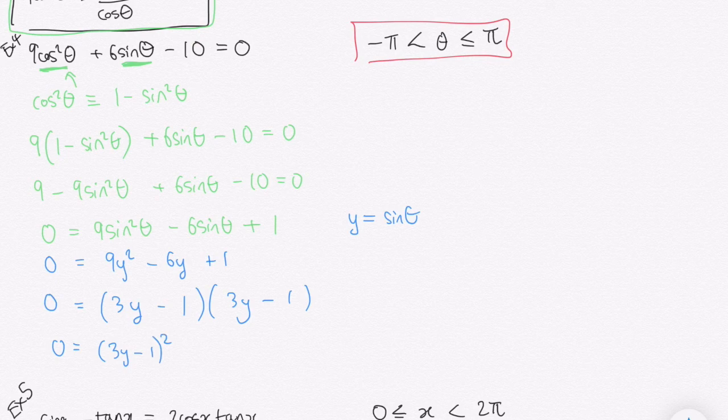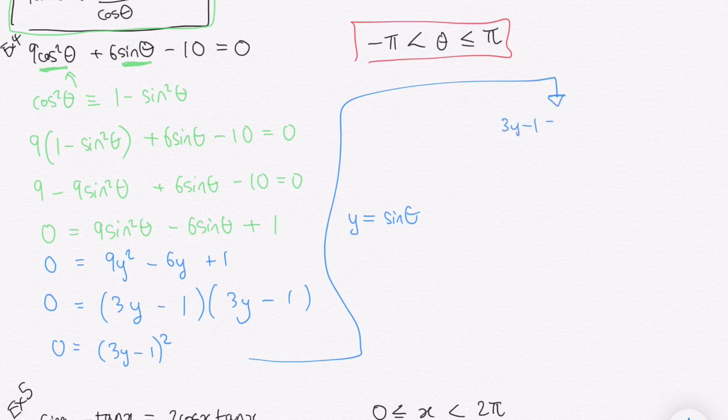So, moving up to the top here, we have 3y minus 1 equals 0, or equivalently, 3 sine theta minus 1 equals 0. Rearranging that for theta, we get sine theta equals a third.